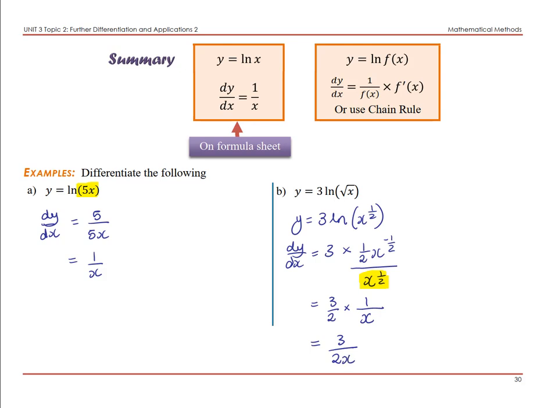Now, if you're struggling with that, remember you can use the chain rule. It's a good thing to rely on and fall back on if you're unsure.